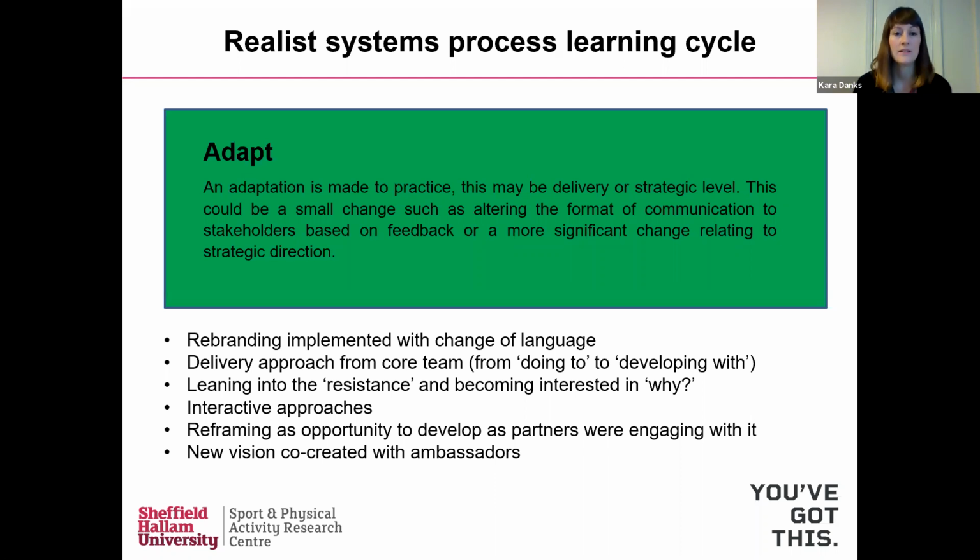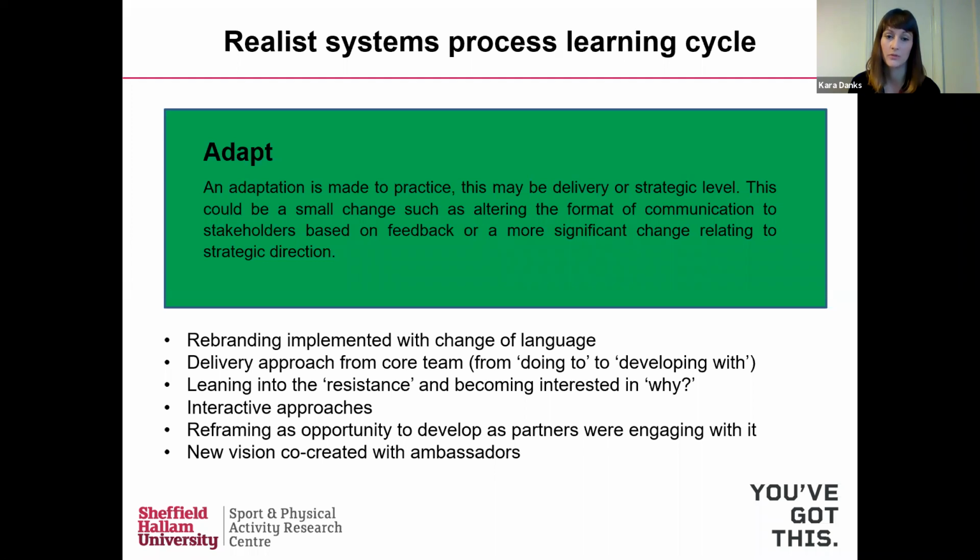It took leaning into the resistance and becoming interested in why, rather than panicking that the members of the exchange didn't like the vision, and really reframing it as an opportunity: the members of the exchange were engaging and wanted to be part of this. It was perhaps more about ownership and the how of things that we're doing.